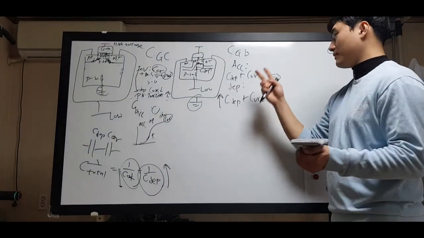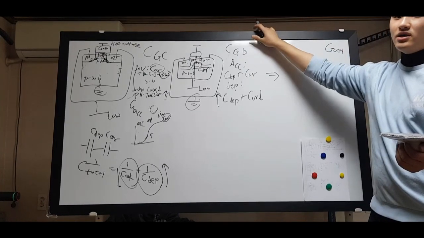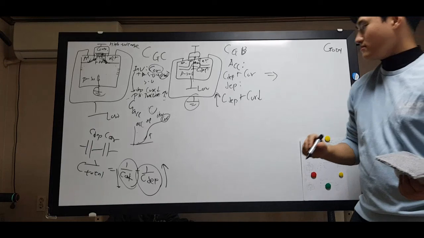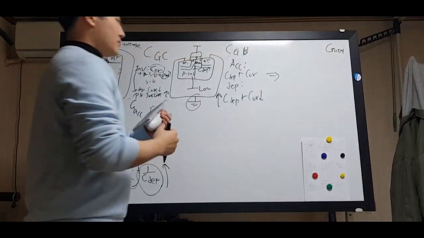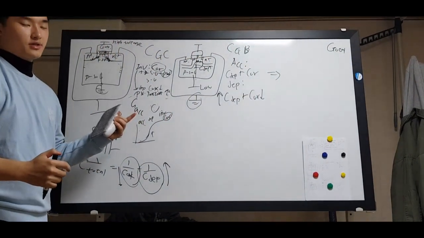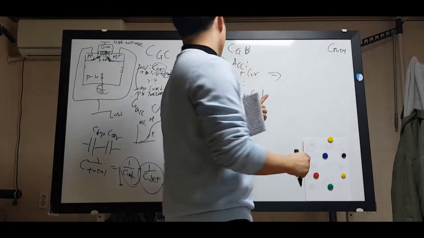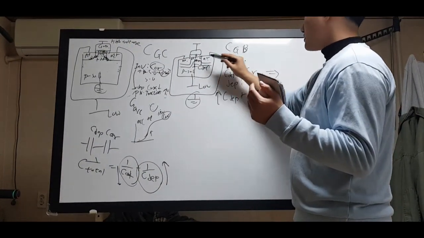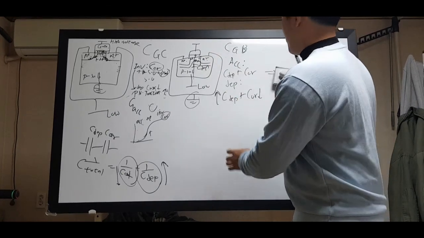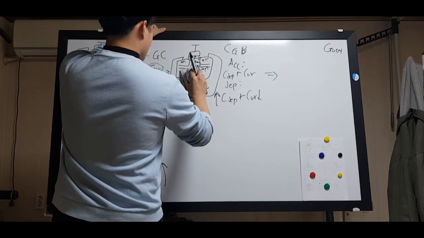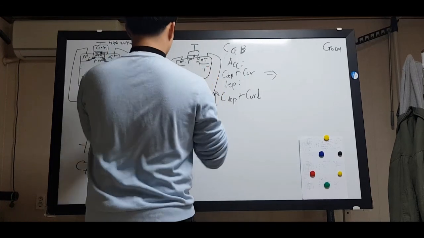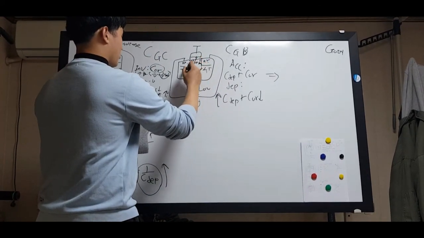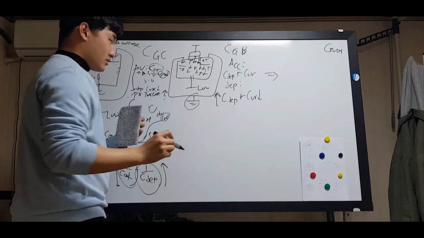And second, the capacitance between the gate and body. Let's start with the accumulation state. In the accumulation state, the depletion region will be very small, and there will be holes inside the body.